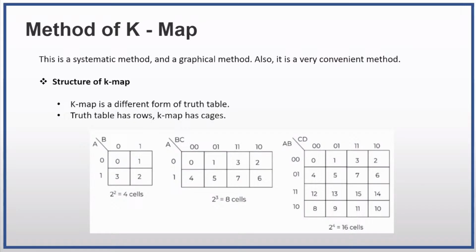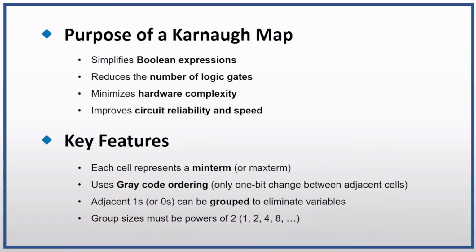So let's move on. The main purpose of Karnaugh maps is to simplify Boolean expressions, and therefore it is used to reduce the number of logic gates. From the Boolean expressions we can draw the logic circuits, so reducing the number of logic gates minimizes the hardware complexity.